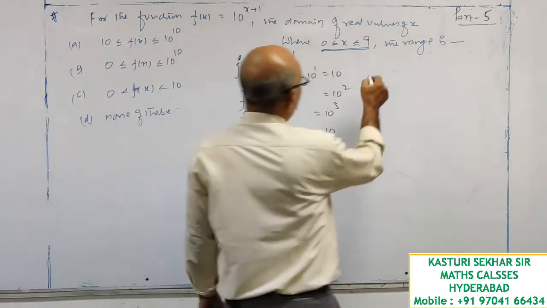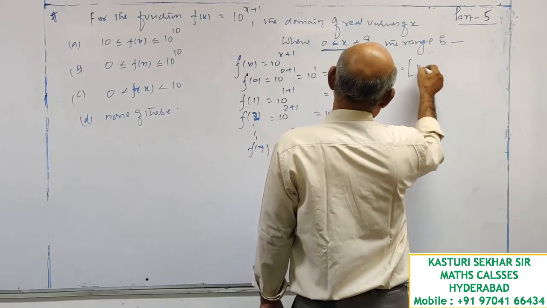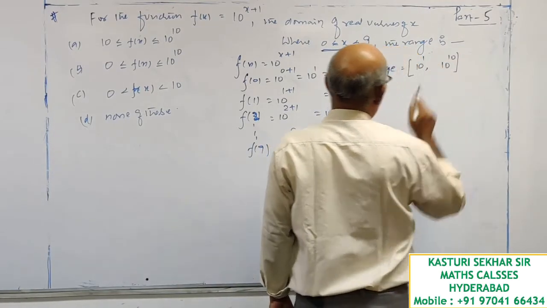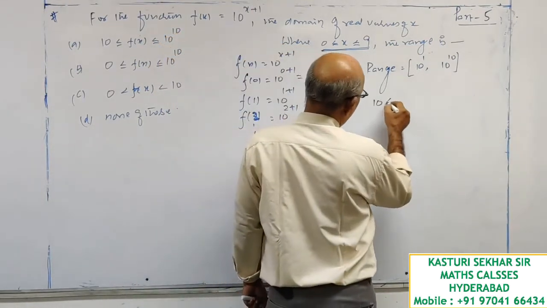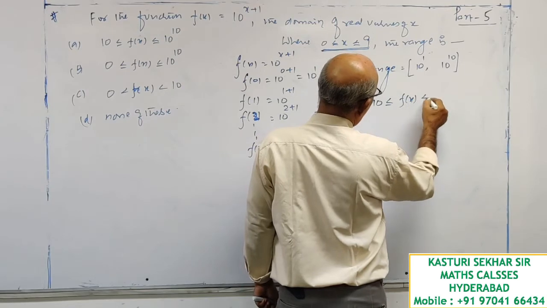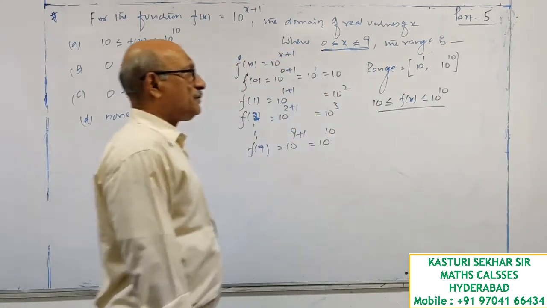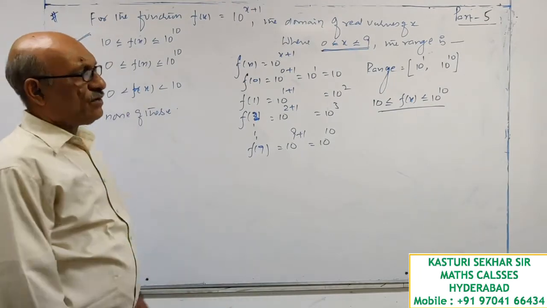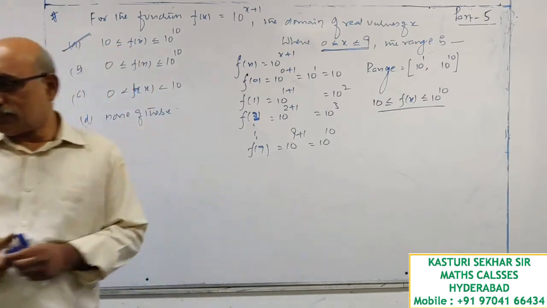So range is equal to 10 power 1 to 10 power 10. This way it is going on. So this can also be written as 10 less than or equal to f of x. This way. So option A is the answer to the given question.